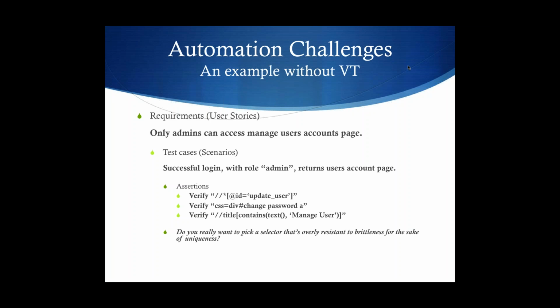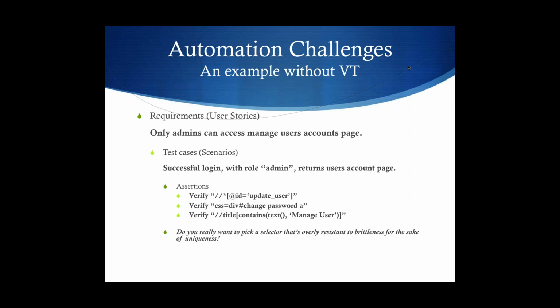So you're indirectly trying to find something so unique that it's always able to find it over a course of time, so that if the user interface changes, your automation script is still going to execute. Given that, when you're overly resistant to combat that type of brittleness, there's a downside to that.